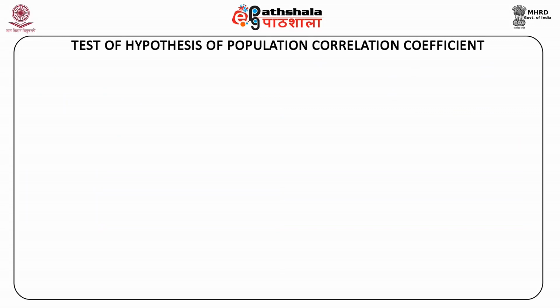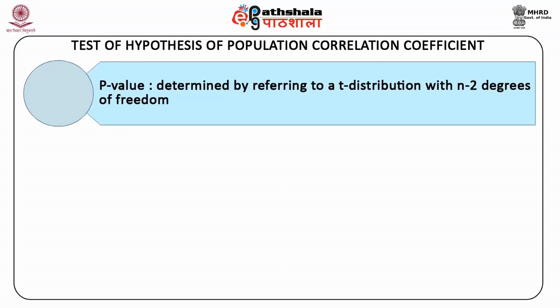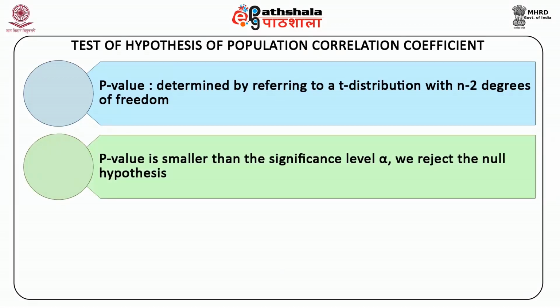The other method is by using p-values. The p-value is determined by referring to a t-distribution with n minus 2 degrees of freedom. If the p-value is smaller than the significance level alpha, we reject the null hypothesis in favor of the alternative.